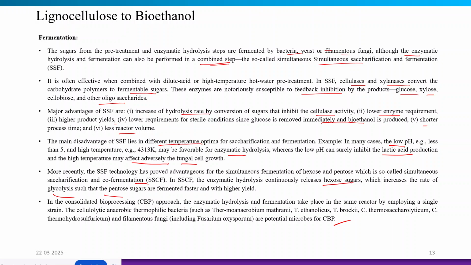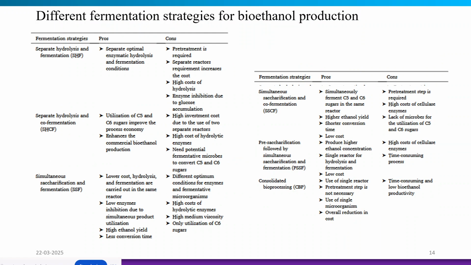You can refer to a detailed description of these processes. I have only presented a brief overview of how fermentation occurs in different categories. We will now be comparing the different fermentation strategies for bioethanol production.